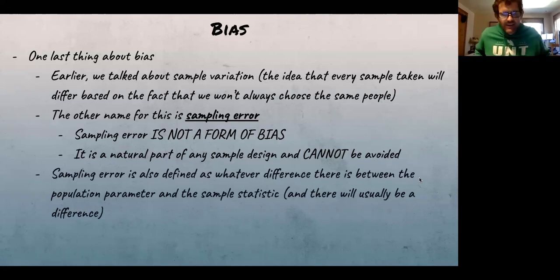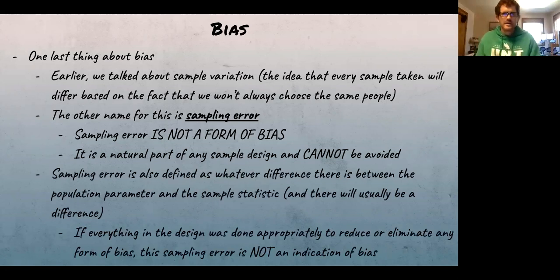All right. But here's the basic idea. Anytime you take a sample from a population, you're trying to get it as representative as you can, but the actual population parameter is likely to be a little different from your sample statistic. That difference is mathematically what we'd refer to as the sampling error.